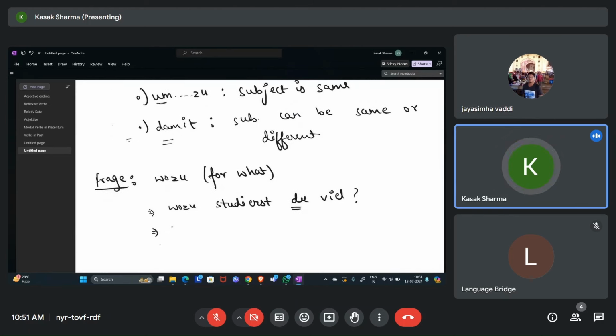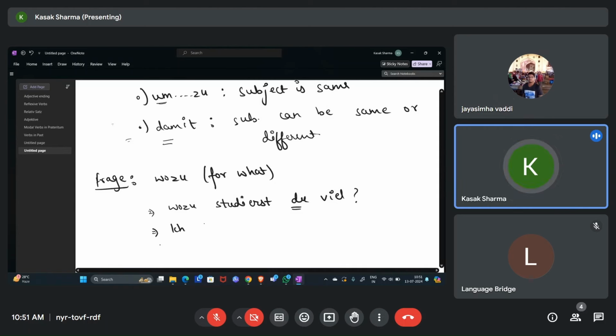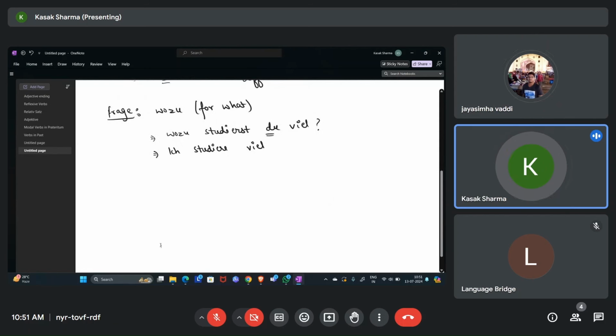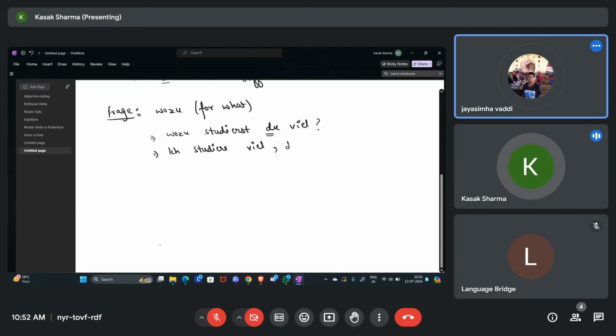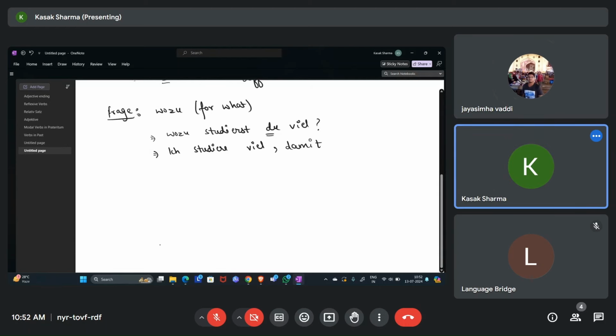Now forming the sentence first with damit. Ich studiere viel is my Hauptsatz, the main sentence: I am studying so much. Then comma, damit. Then you mention your subject: damit ich gute Noten bekomme, and my verb, bekommen, goes at the end. It is conjugated according to the subject.